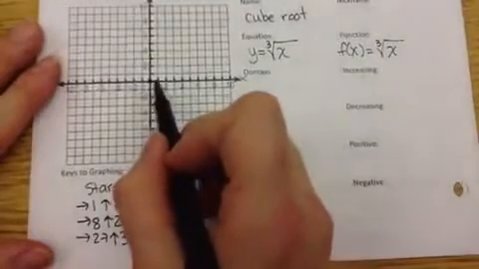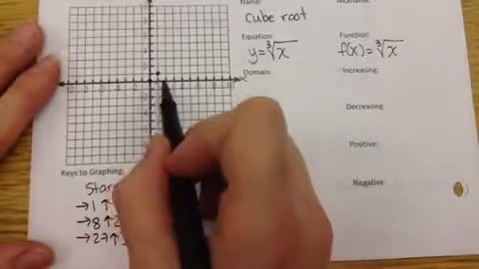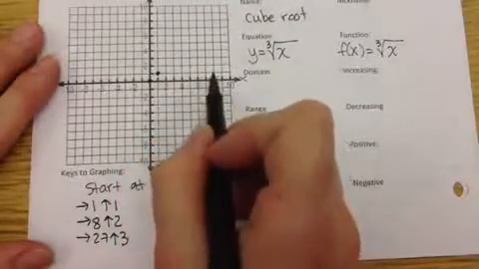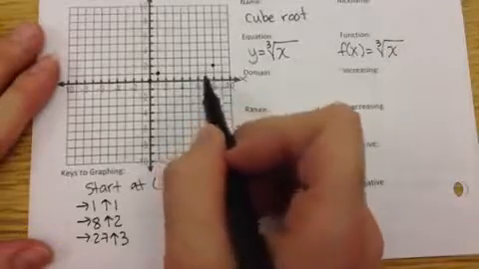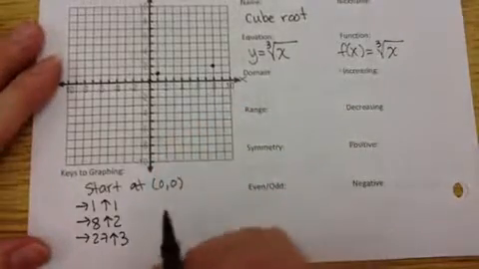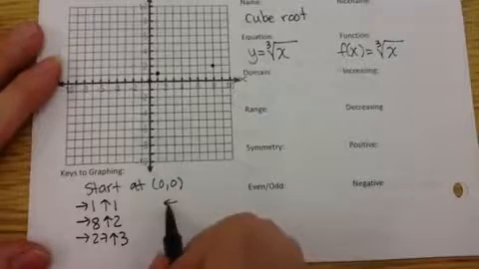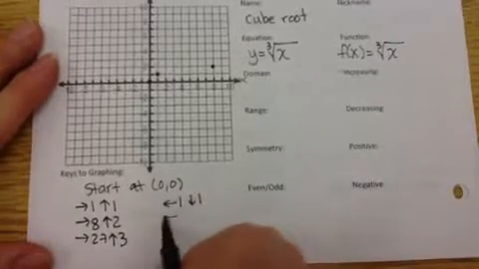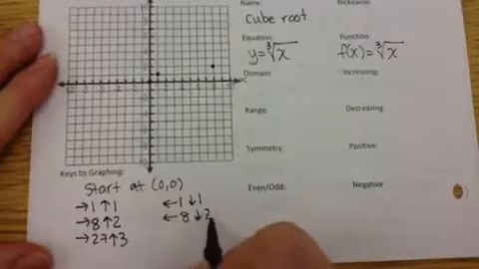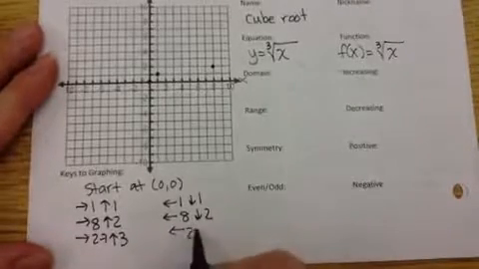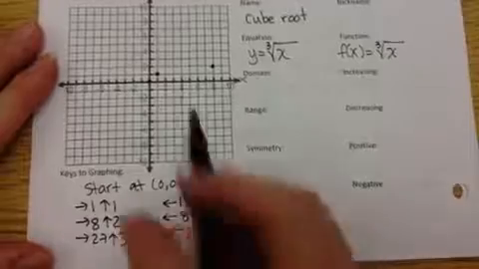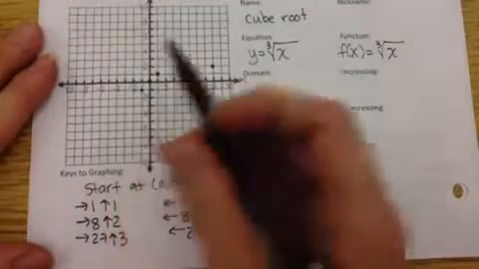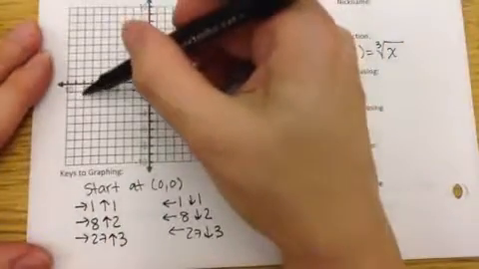So 0, 0, right 1, up 1, right 8, up 2, and then the 27 and 3 is off of our chart. And then in the similar manner, we'll be going left 1, down 1, left 8, down 2, and left 27, down 3. So left 1, down 1, and left 8, down 2.